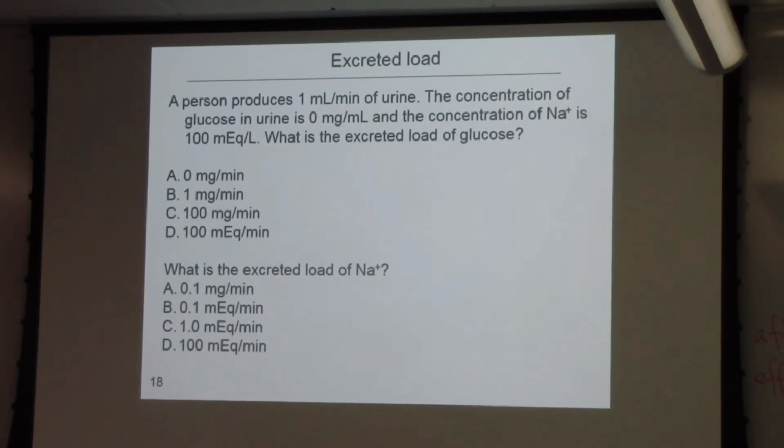Good. A. You're doing the arithmetic in your head? 0. Yeah. What is the excreted load of sodium? Now you have to do some units conversion. Mil per minute, milliequivalents per liter. You can do this in your head too. What is the excreted load of sodium? Show me your answer.